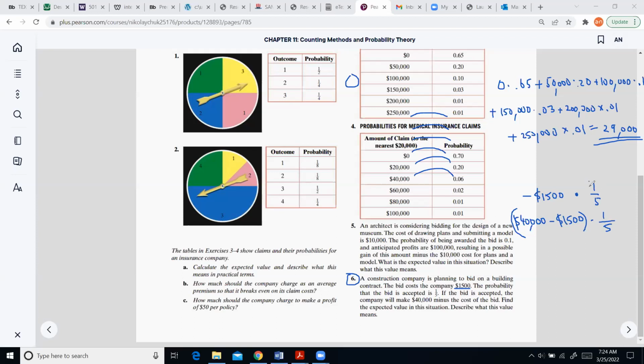But 4/5, that bid is not accepted, right? Well, there are probably some other construction companies also bidding, maybe 5 of them, so you expect the probability that you will win this bid to be 1 out of 5, and the probability that you're not going to get this bid will be the remaining 4 out of 5.